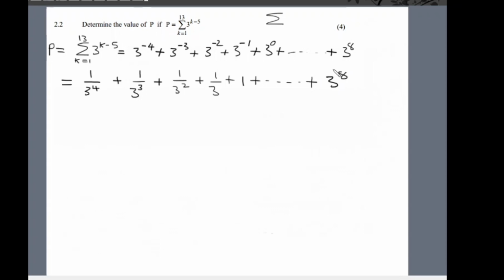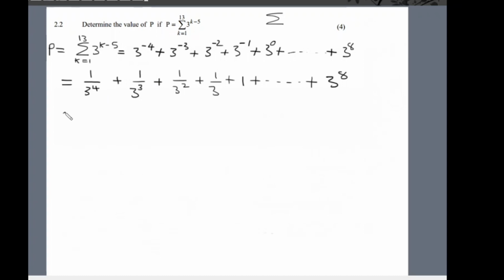Okay? So now we have a series. If you look at this series, it is a geometric series because to move on to each term, we are multiplying by 3, right?